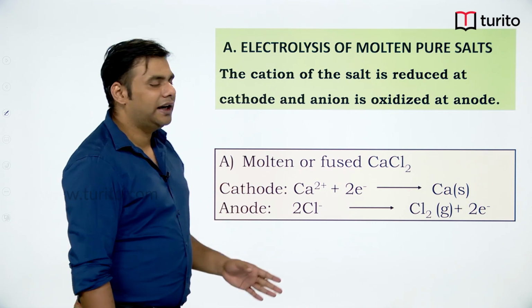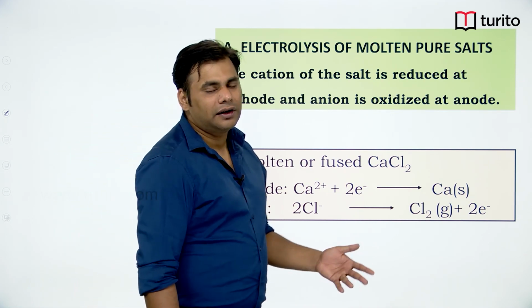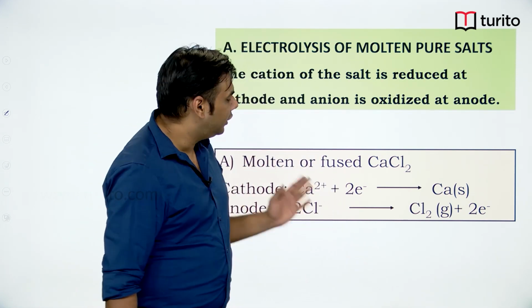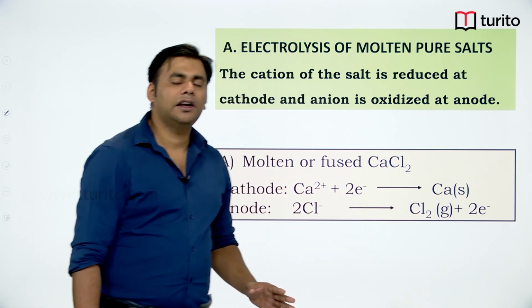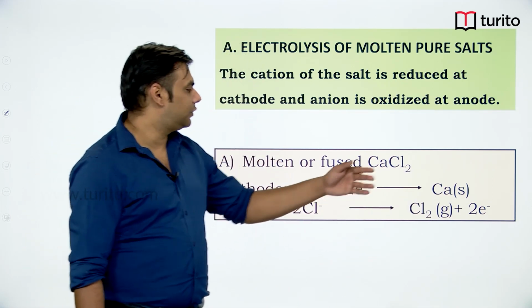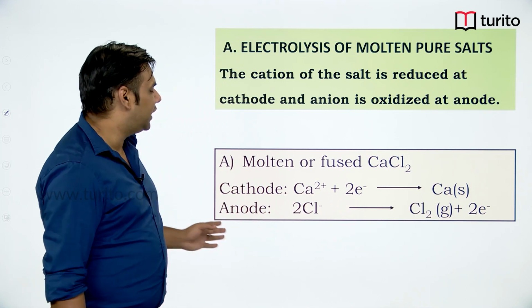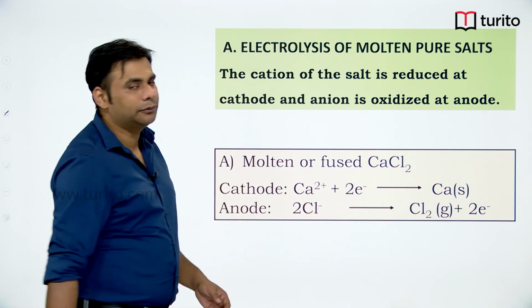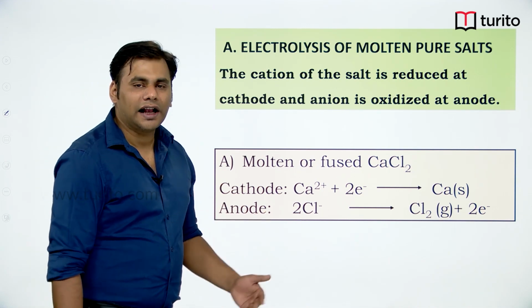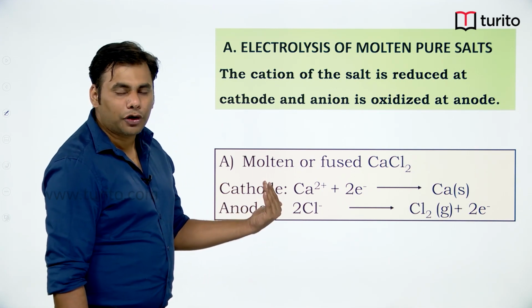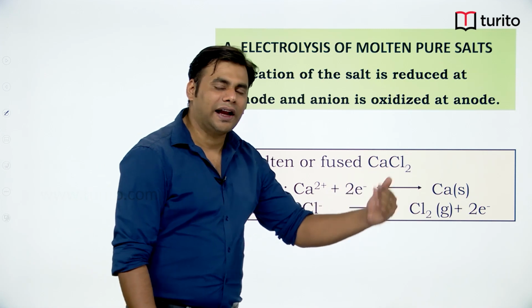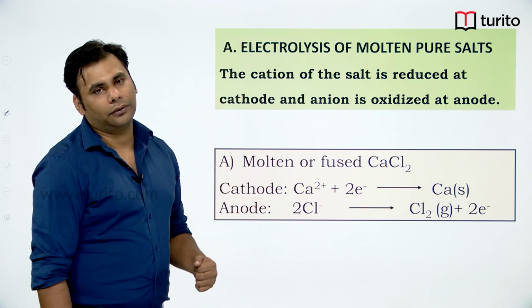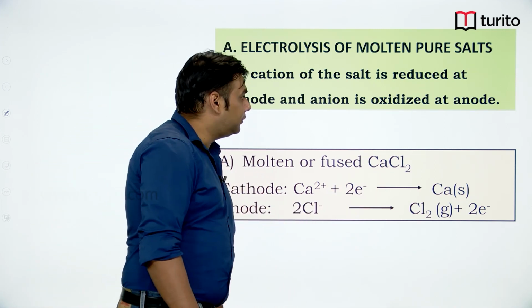Similarly at the anode, chloride ion would migrate and undergo oxidation. Chloride ion on oxidation gives us chlorine gas and 2 electrons are evolved. Okay. So overall reaction we can write, we can just add them. So we will say that calcium chloride gives us calcium solid that is deposited at the cathode and chlorine gas is evolved at the anode. Okay. So I hope this is clear to you.